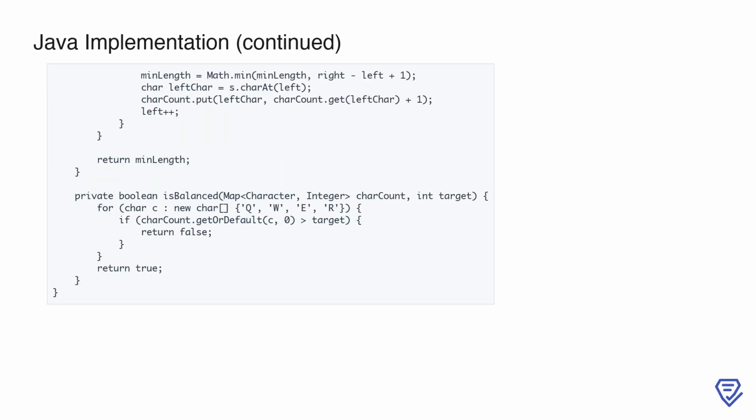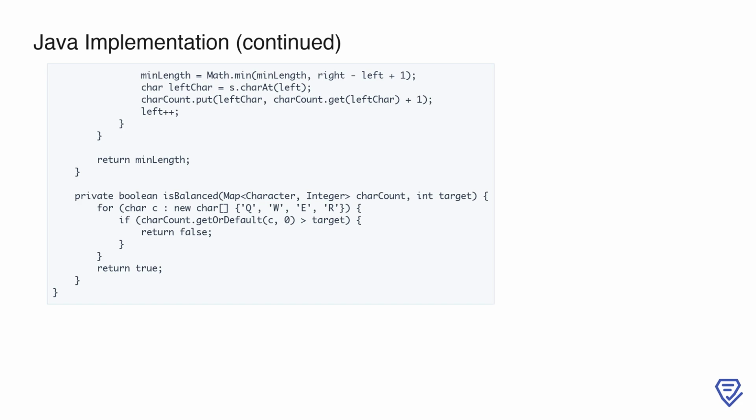If the balance condition is satisfied, we update the min_length by comparing it with the size of the current window. Then, we increment the left pointer to shrink the window from the left, while restoring the frequency of the character at the left pointer. This process continues until we exhaust all possible windows in the string. Finally, we return the min_length, which represents the shortest substring that needs to be replaced to achieve balance.